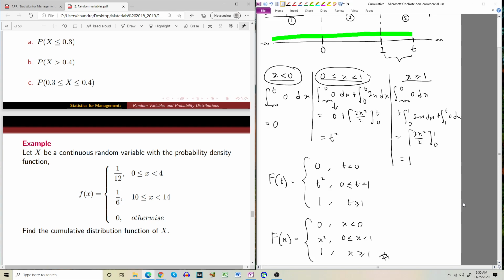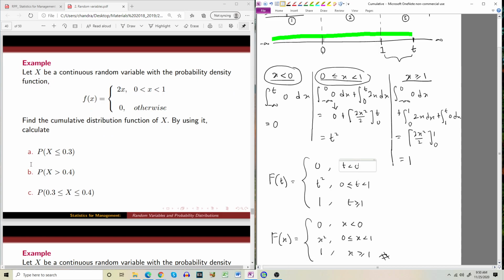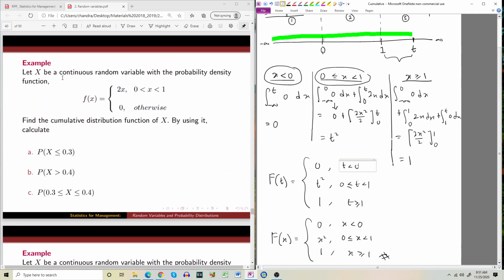Okay, I suppose you guys have copied this. Before, in example 1 here, there are some questions A, B, C. That one, leave it first. Go to example 2, because I want to make sure you understand how to get the function. The questions in example 1, A, B, C, we have to answer based on the cumulative distribution function we get here. That is quite easy.